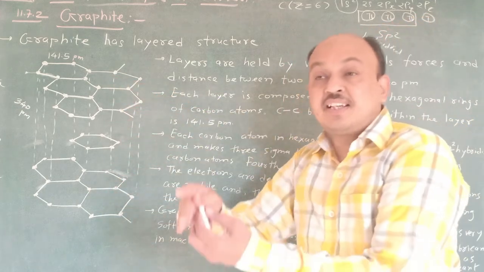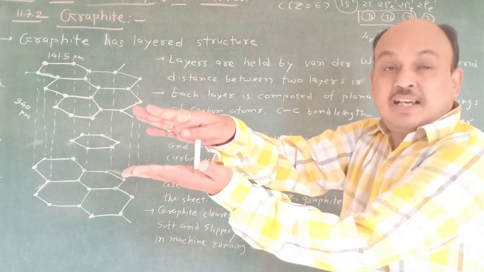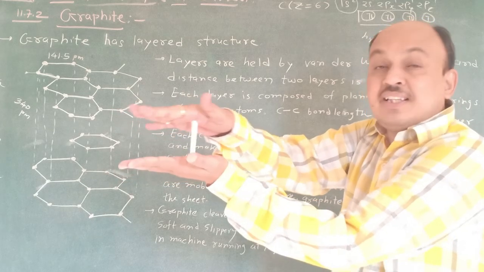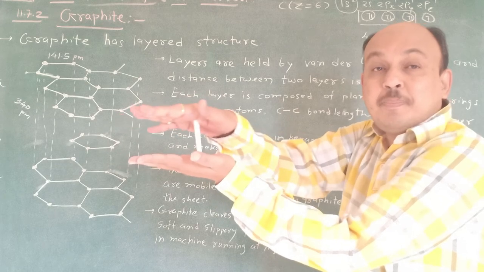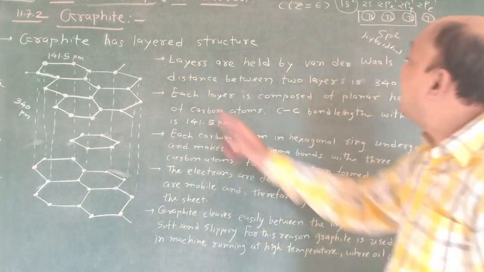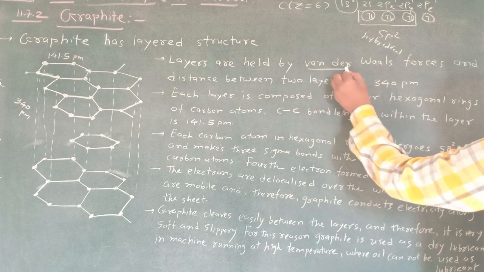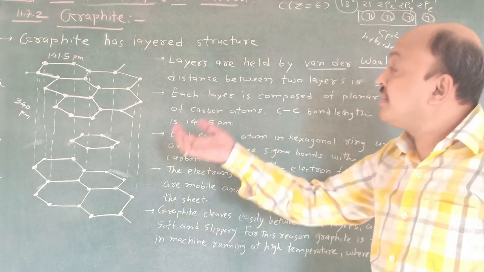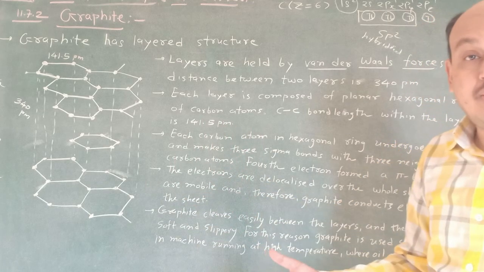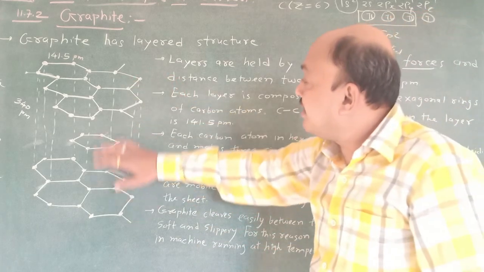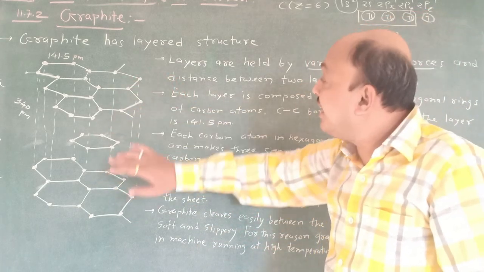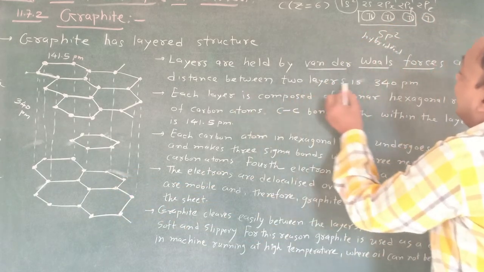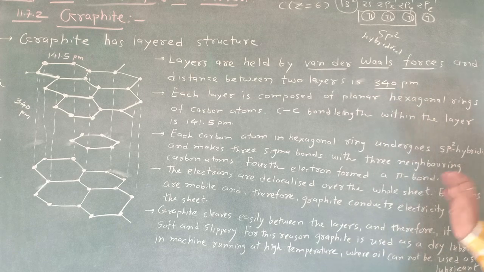Okay, and due to that we can say, suppose we consider this layer according to my hand, between another layer is there, and that's why they move over particular layers, and that's why layers are held by van der Waals forces. Van der Waals force is nothing but intermolecular attraction, we can say layer attraction, and due to that the distance between two layers is 340 picometer.